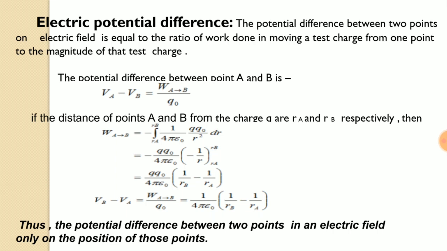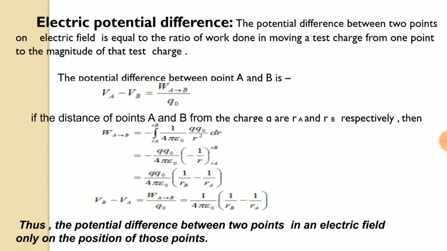If the distances of points A and B from the charge Q are RA and RB respectively, then work done A to B equals minus the integral from RA to RB of 1 upon 4 pi epsilon naught Q Q naught upon r squared times dr.